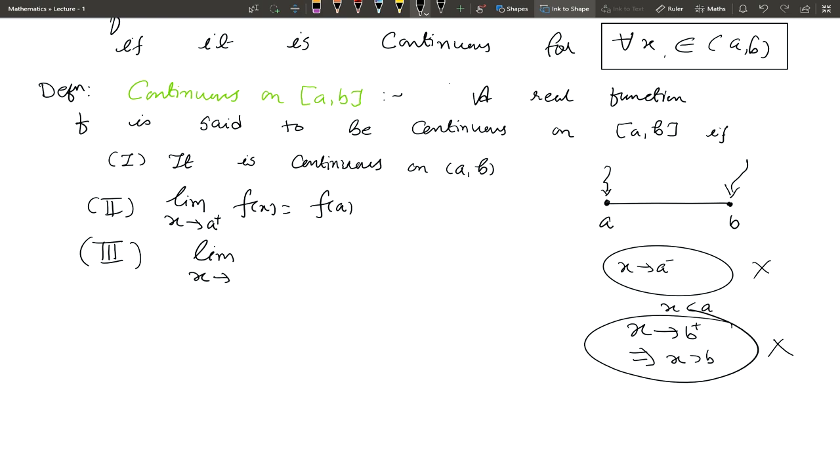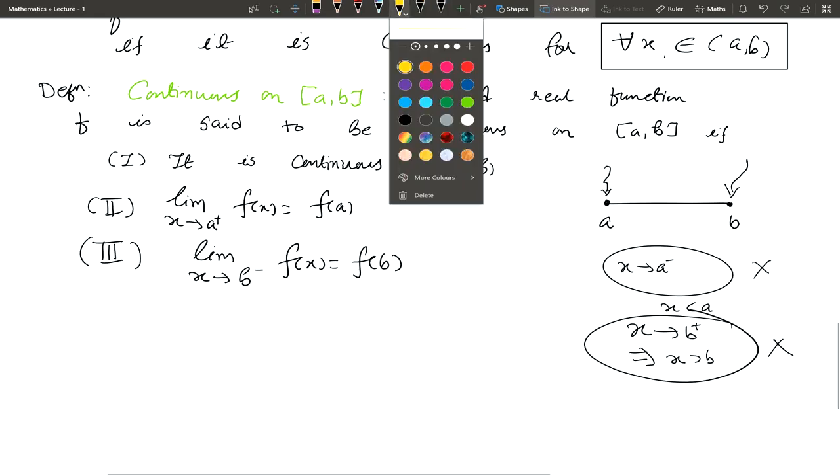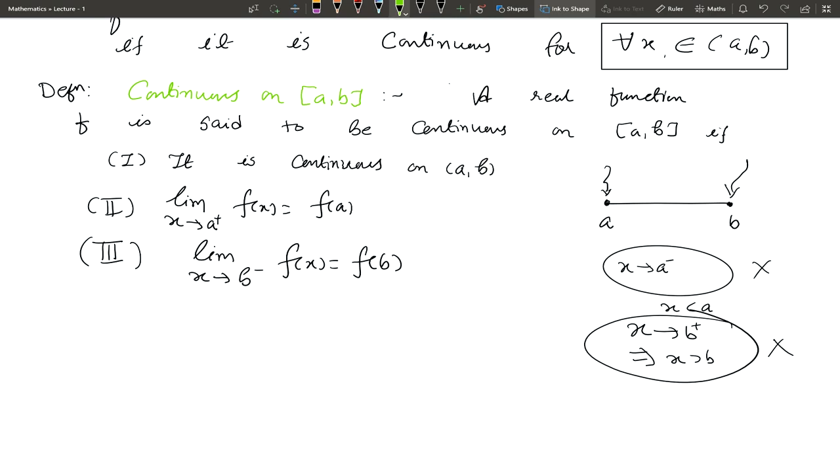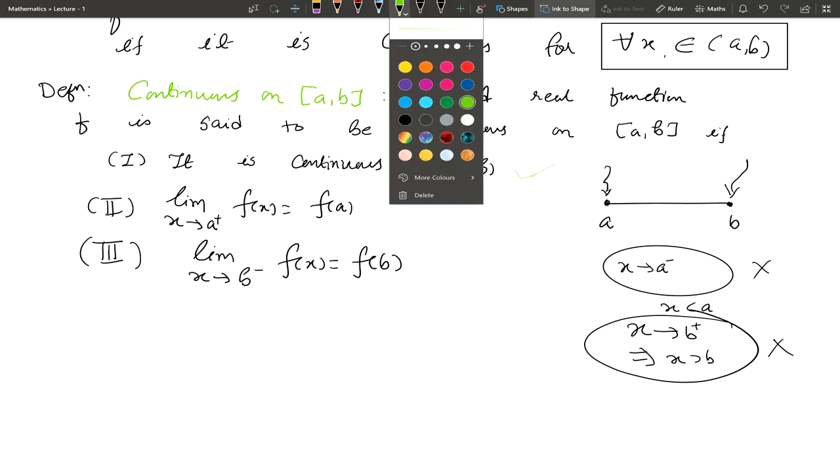So limit x tends to b minus f of x equals f of b. So if these three conditions are satisfied, then we say that the function is continuous on closed interval a comma b. Number one, it is continuous on open interval a comma b.